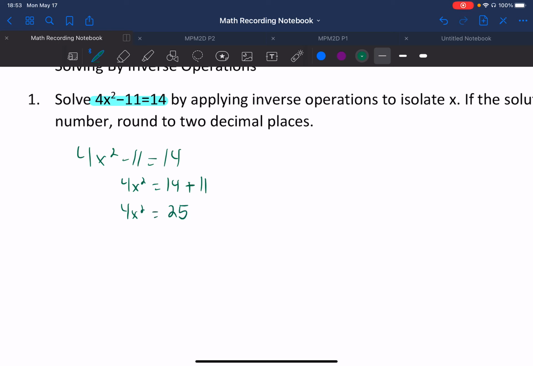Our next step is to divide both sides by 4. We want to get x squared by itself. So then we get x squared equals 25 over 4.